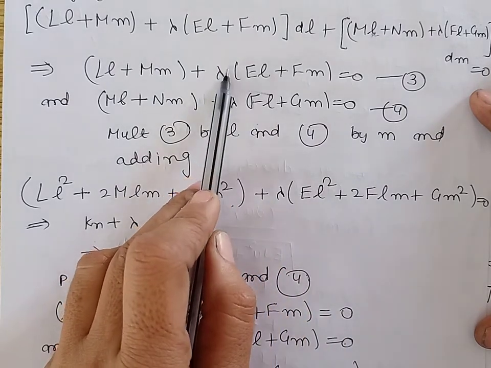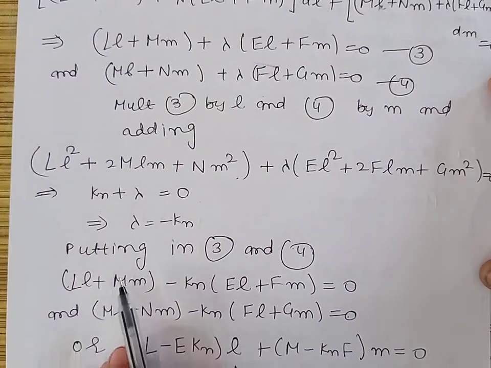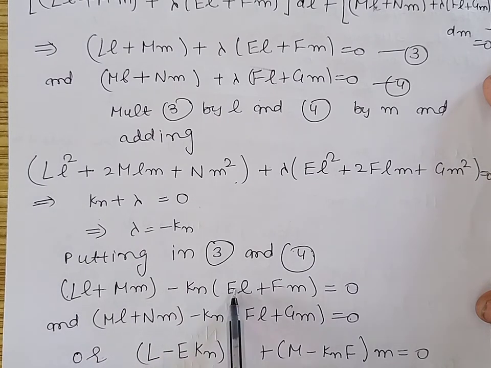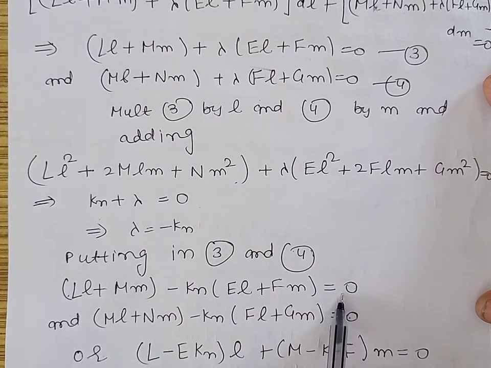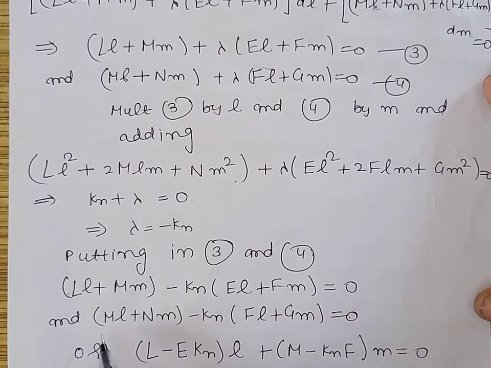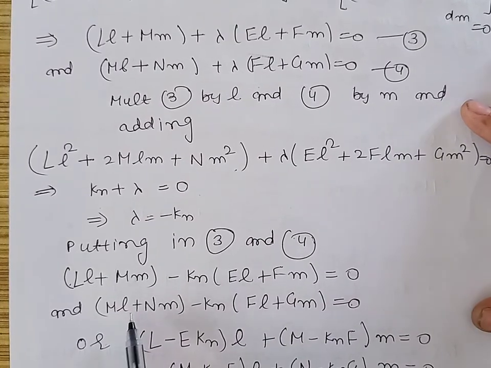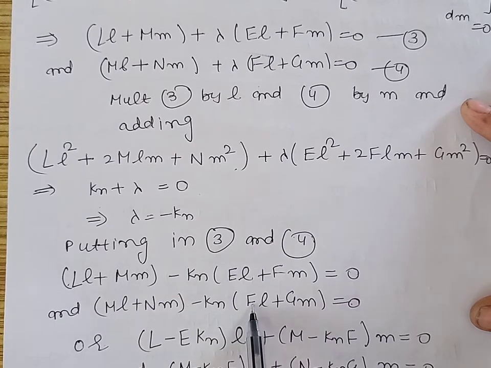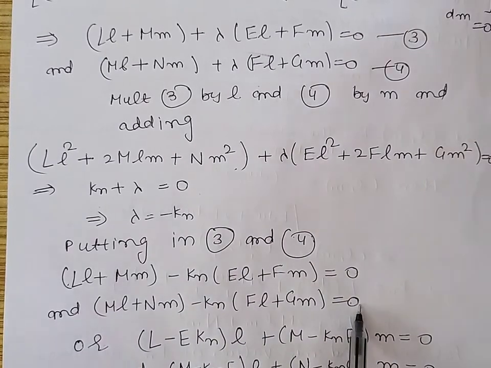If we substitute the value of λ here, we get the equation Ll + Mm − κn(El + Fm) = 0. And equation 4, after putting the value of λ, will become Ml + Nm − κn(Fl + Gm) = 0.